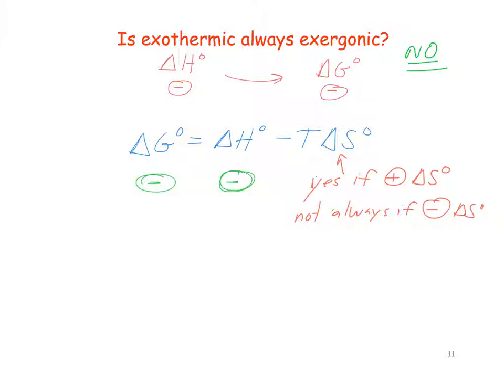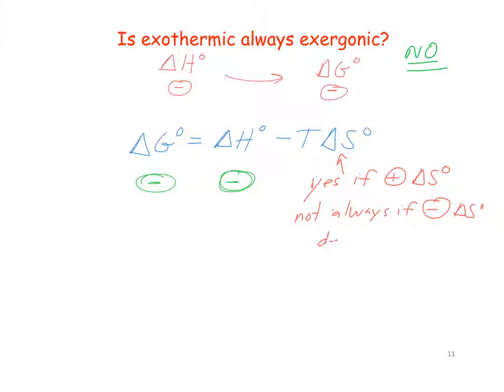In this case, the entropy is unfavorable, and so then it depends both upon the size of that negative delta S and the temperature.